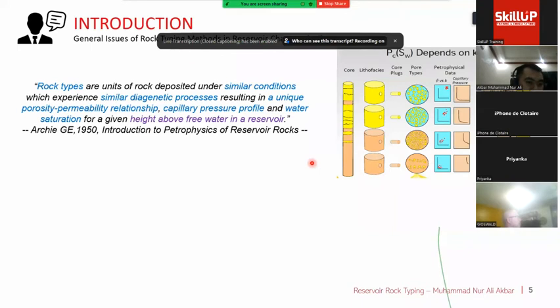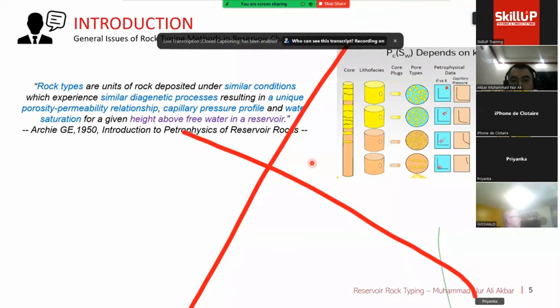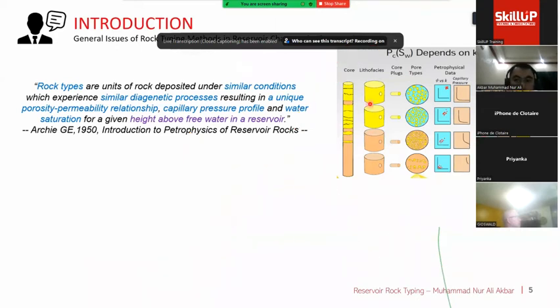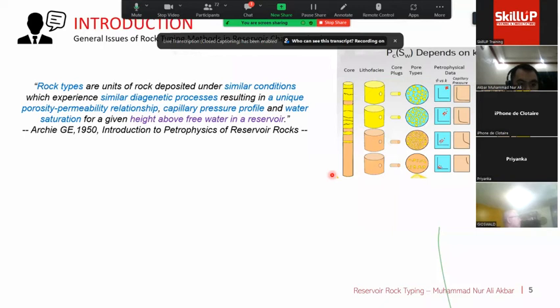The rock type is explained as rock deposited under similar conditions of geological and sedimentological process, especially with similar diagenetic process, which results in a similar unique porosity-permeability relationship, followed by the capillary pressure profile and the water saturation, until it gives the height above free water in the reservoir with special characteristics.